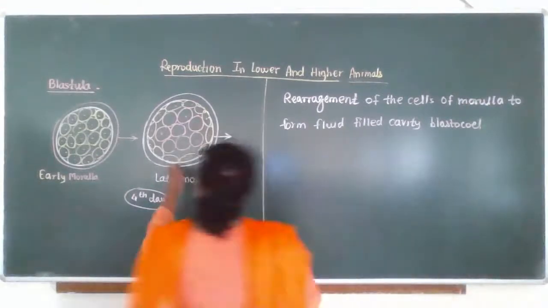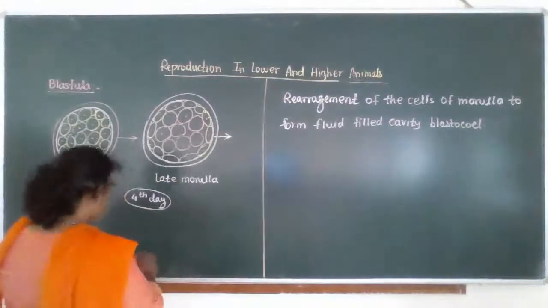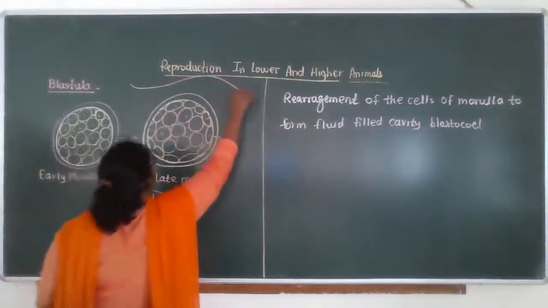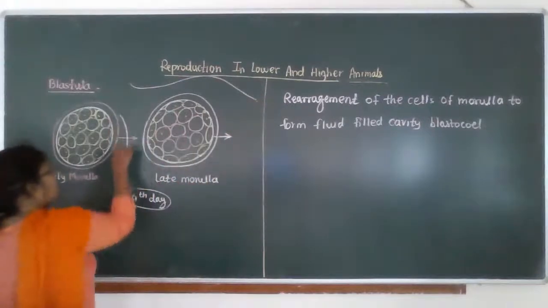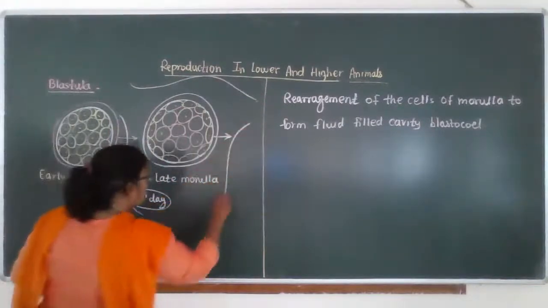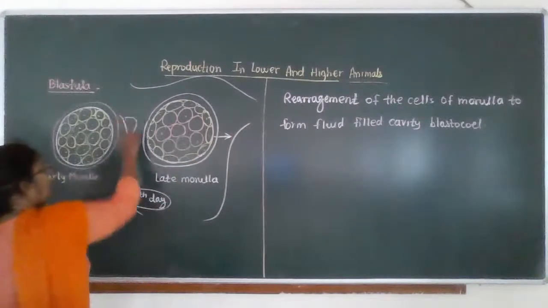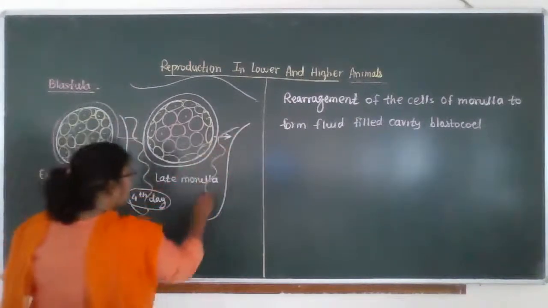So how did the rearrangement take place? This is in the uterus. Here is the uterine fluid around it.